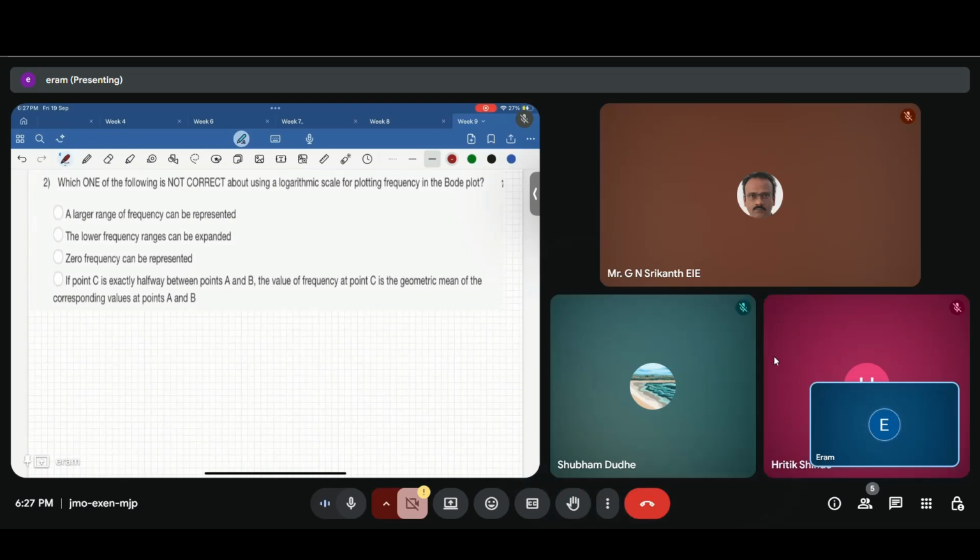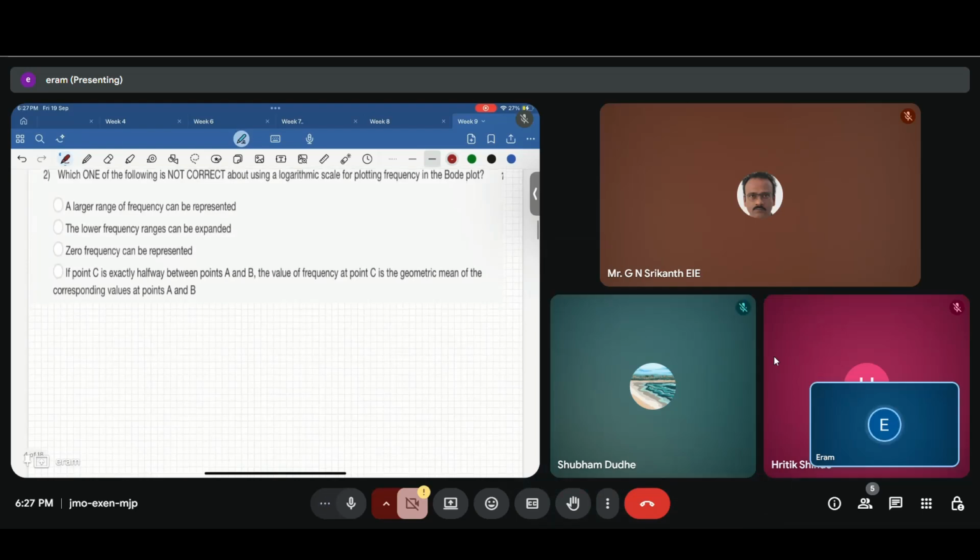Okay, so option number one is that a large range of frequency can be represented.